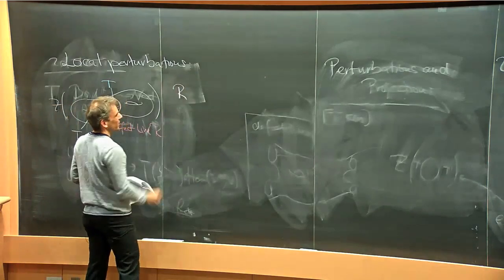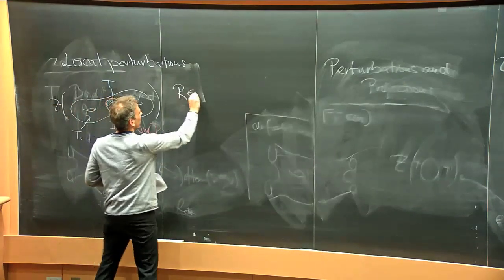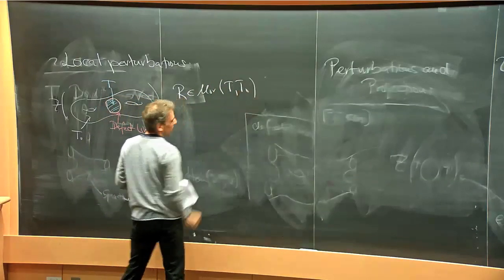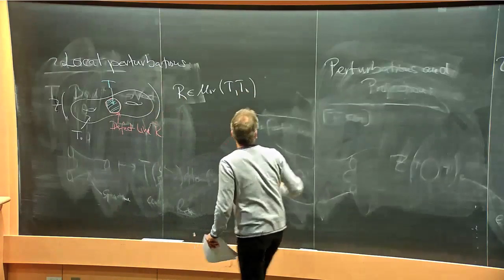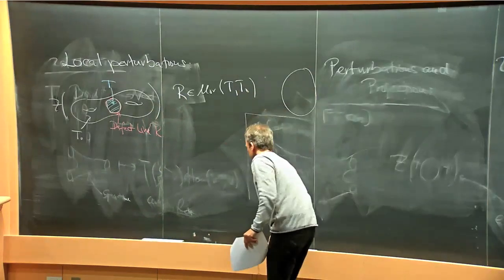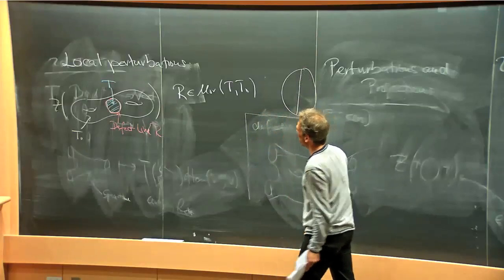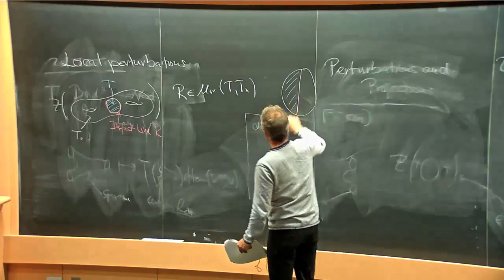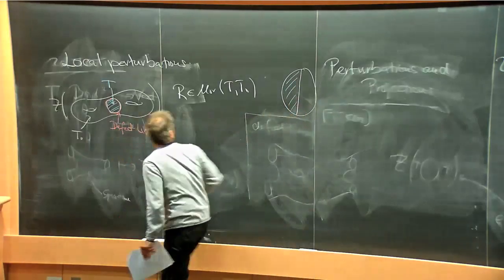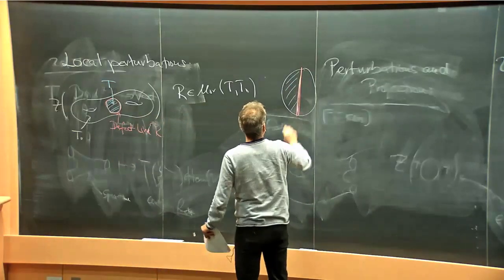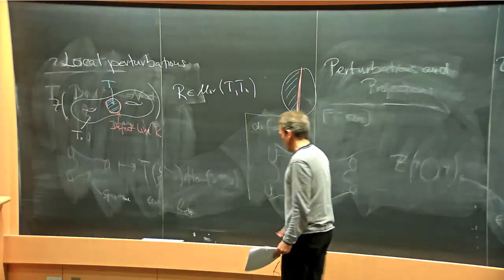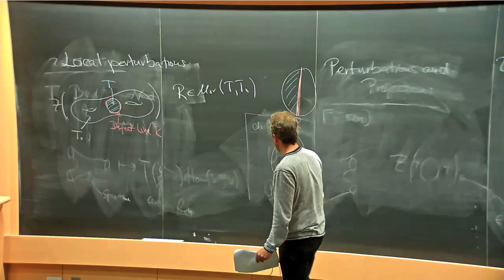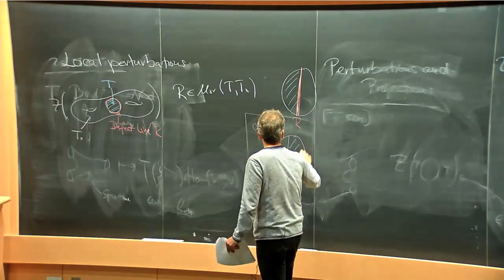So let's say we call this defect R, and that's a morphism from the theory T to T naught. If you look locally in this correlation function, and you had this boundary here, and you only perturbed this on the left, so you did the perturbation here, then you would get the defect line R. But of course, you can do the same thing in the opposite direction, so you can have a boundary here and perturb it on the other side.